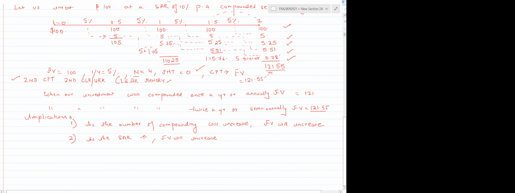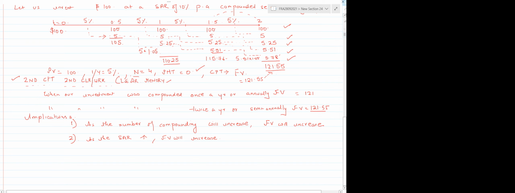Yeah, I have an app downloaded on my phone which is basically equivalent to the calculator. Okay. So, Tejas, can you see the second button on your calculator? Yep. So, type second, CPT, second, clear work.